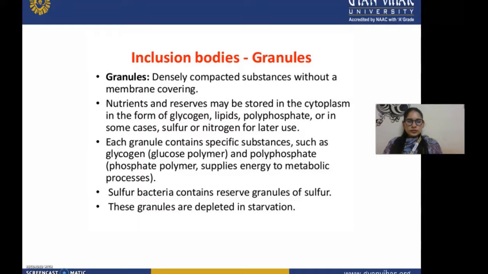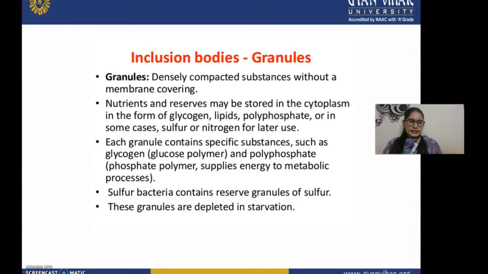So when we talk about the granules, granules are densely compacted substances without a membrane covering, and nutrients and reserves may be stored in the cytoplasm in the form of glycogen, lipid, phospholipid, or in some cases sulfur or nitrogen for later use.